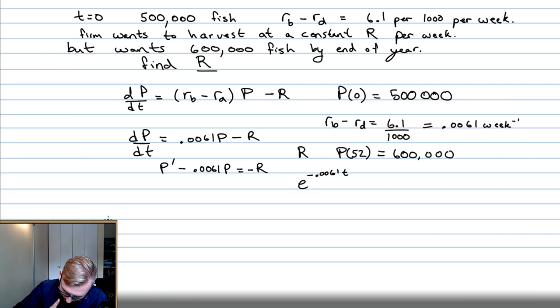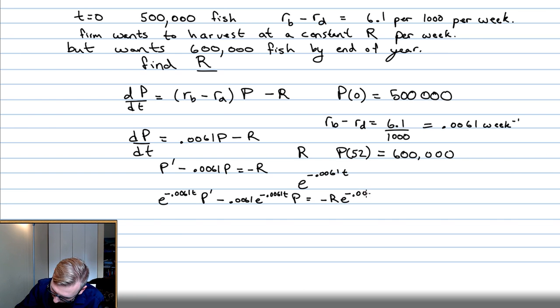And then we've got e to the negative 0.0061 t p prime minus 0.0061 e to the negative 0.0061 t p equals negative r e to the negative 0.0061 t. We're going to integrate both sides.